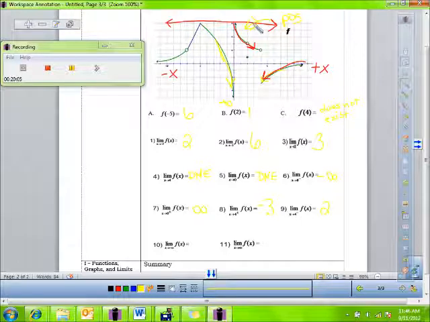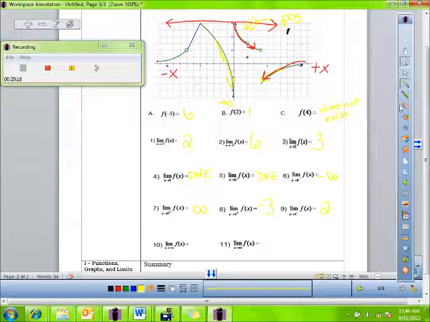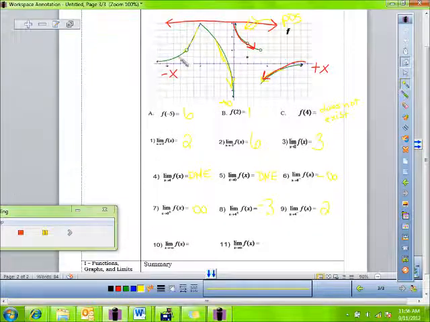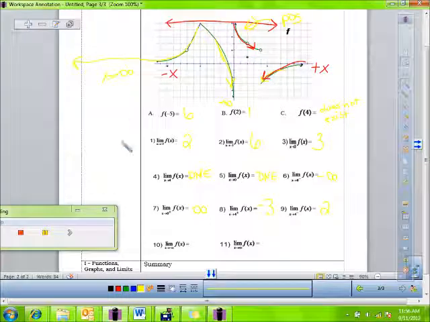If you look at the limit of the function as x is heading towards negative infinity on the x-axis, where is negative infinity? All the way out here, right? What number is it getting close to but never touching? 0.